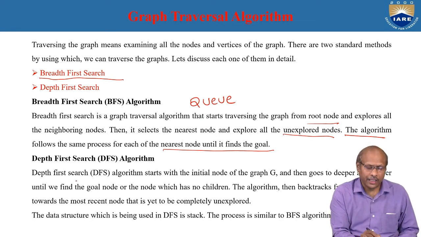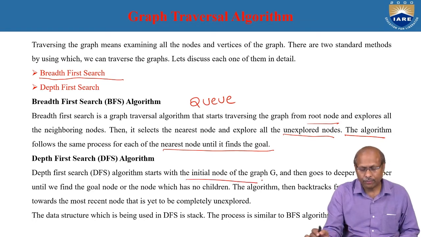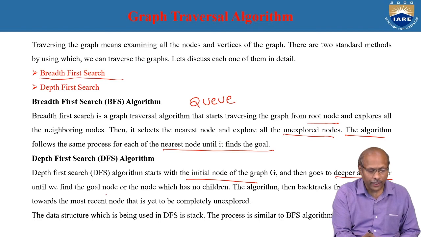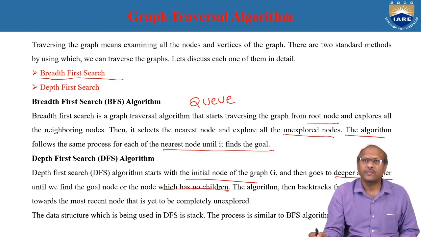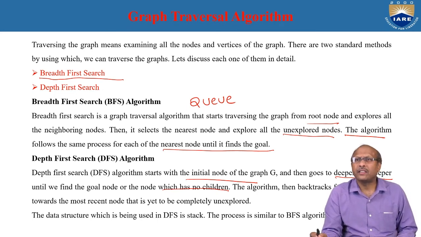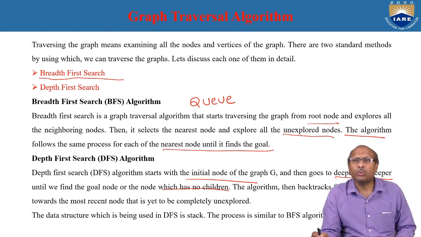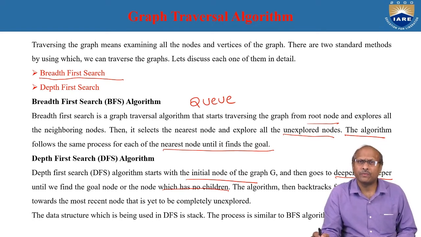DFS, depth first search algorithm. The depth first search algorithm starts with an initial node of the graph G, then goes deeper and deeper until you find the goal node or a node which has no children at all. The algorithm then backtracks from the dead end towards the most recent node that is yet to be completely unexplored.